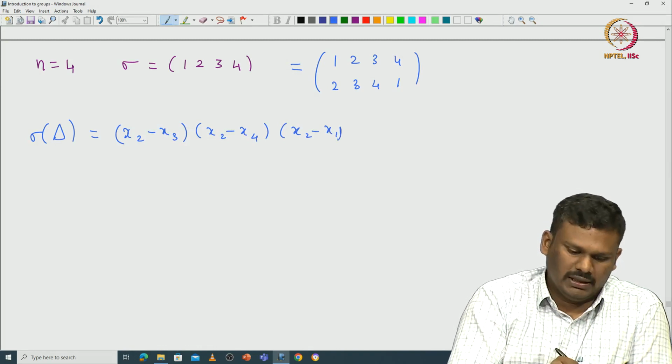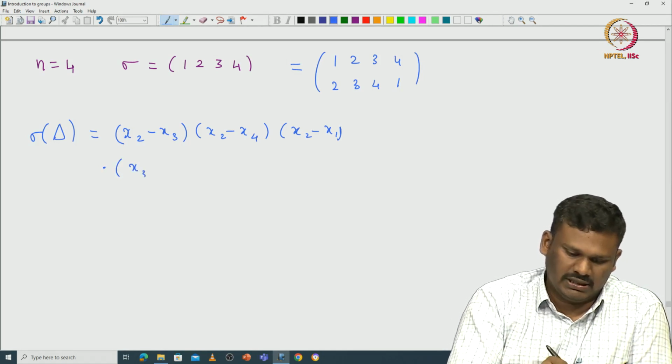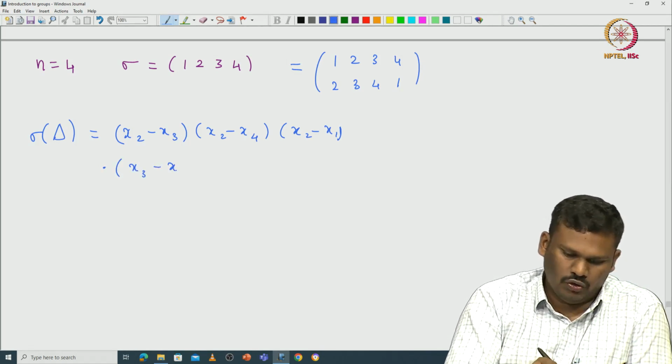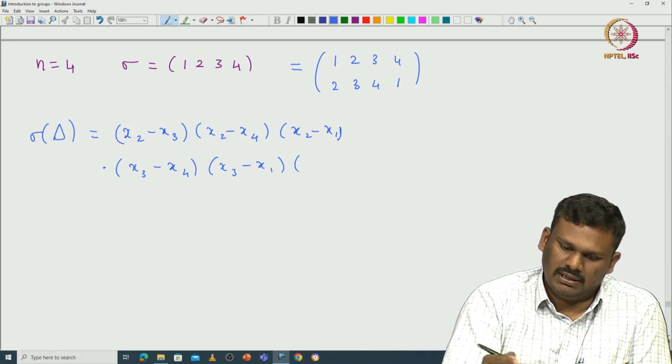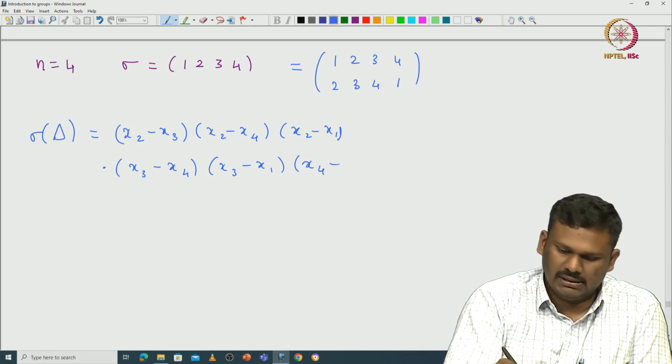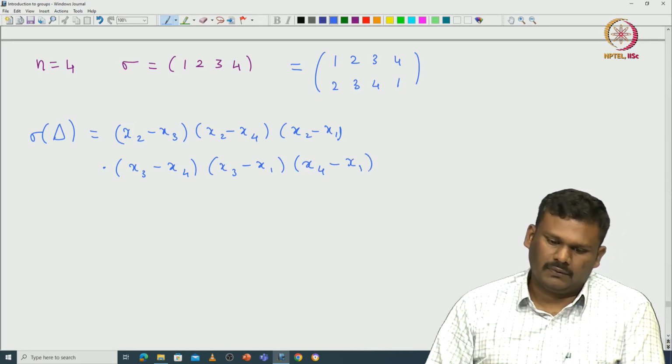Then you replace x2 by x3, so it is x3 minus x4 and then x3 minus x1. Finally, you replace 3 by 4, it is x4 minus x1.